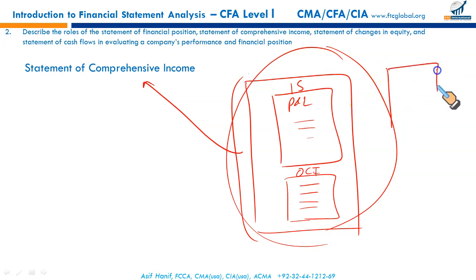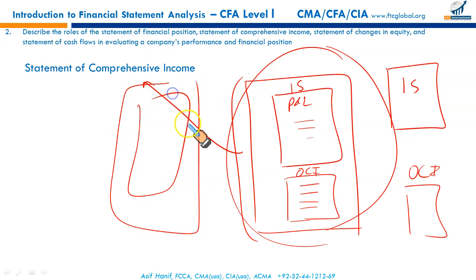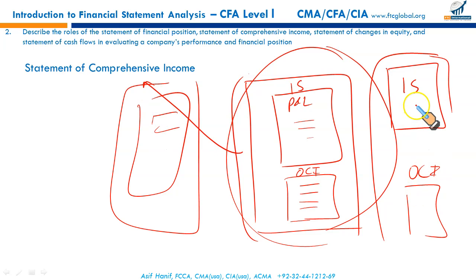Either you prepare two separate statements, one is the income statement, the other is the other comprehensive income statement, OCI, or you can just simply show them joined in a single statement. But they must always be together. You just can't write income statement here and OCI in the notes. They must either be on the same continuous statement or one statement followed by the other.